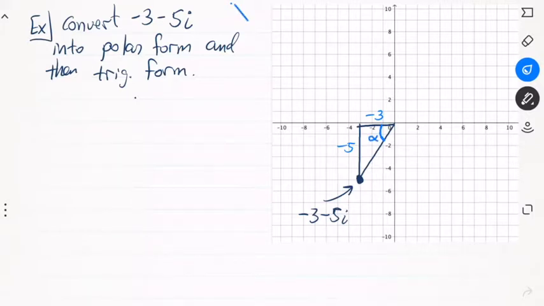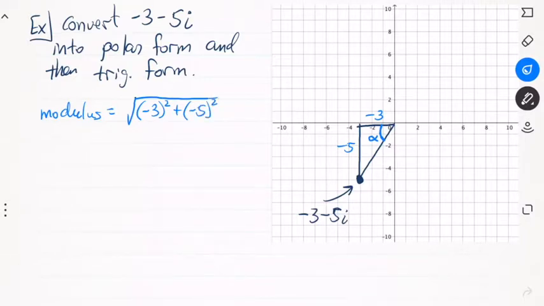So we can find the modulus of this complex number, and that's going to equal the square root of the real component squared plus the imaginary coefficient squared.